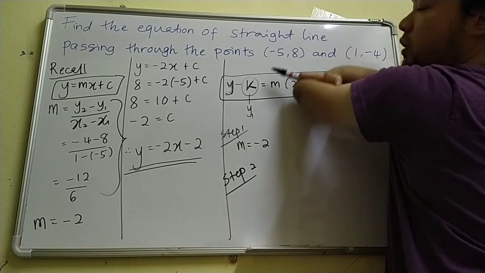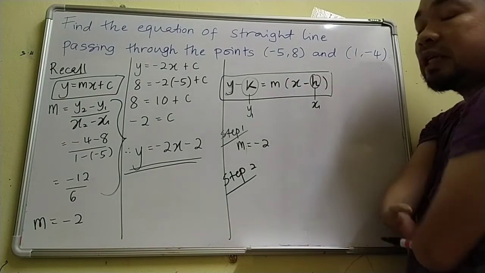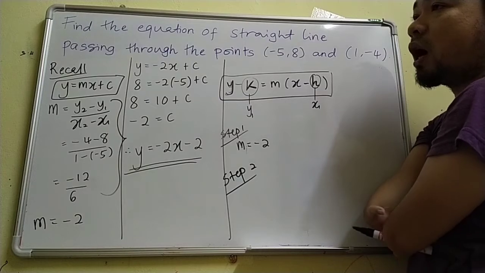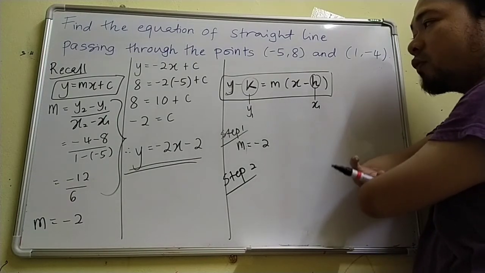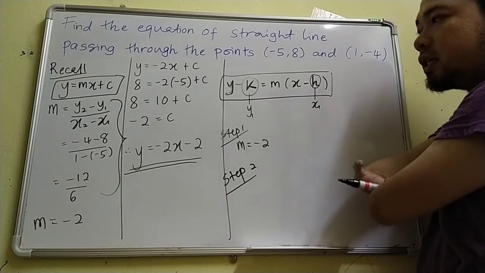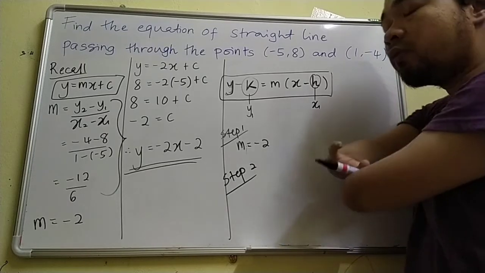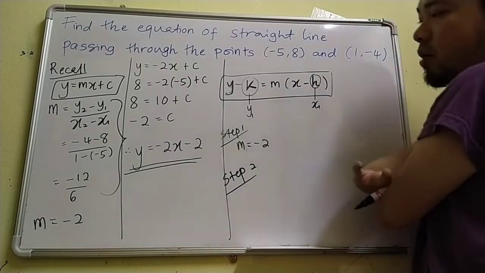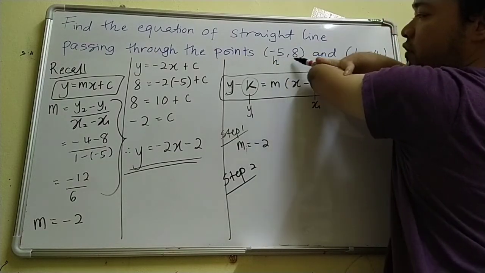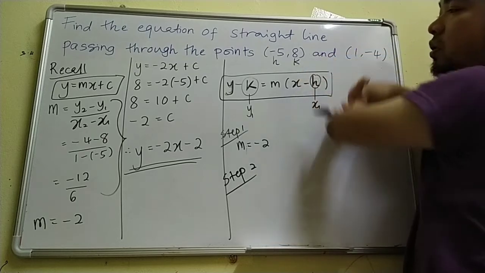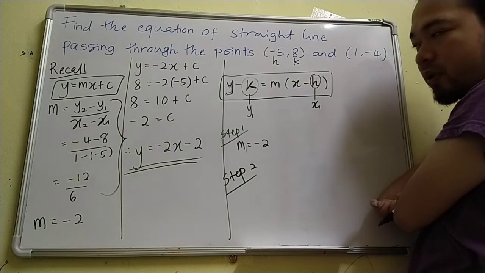So which one is H, which one is K? Very easy. You just read the alphabetical order: A B C D E F G H I J K. Which one comes first, Adam? H comes first. So we put H for negative 5, K for 8.